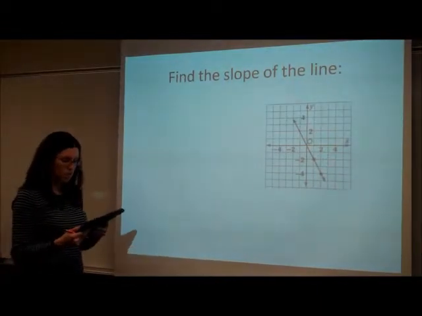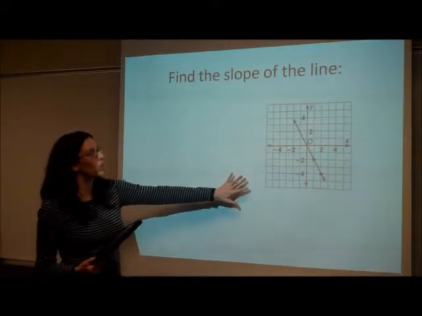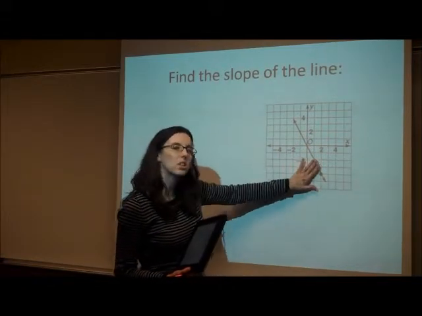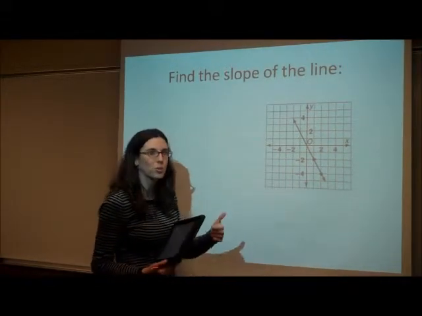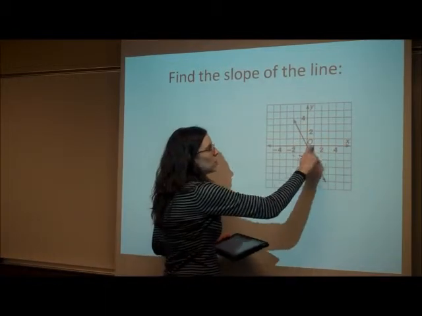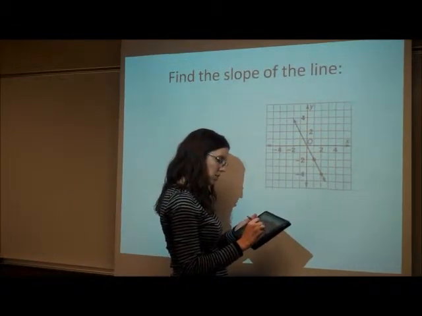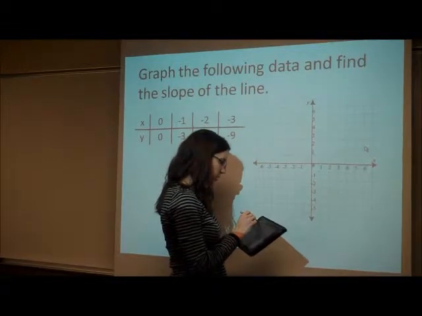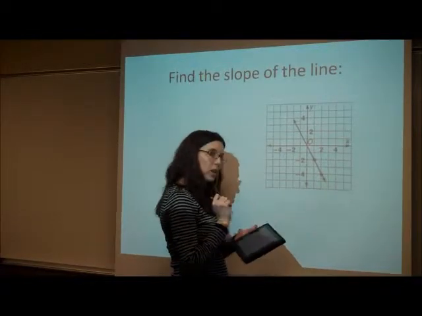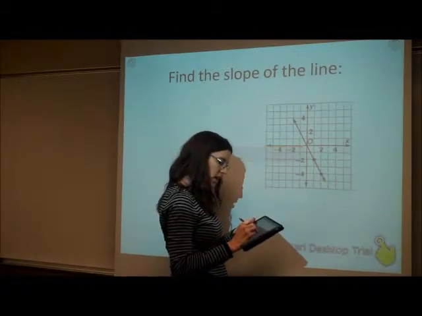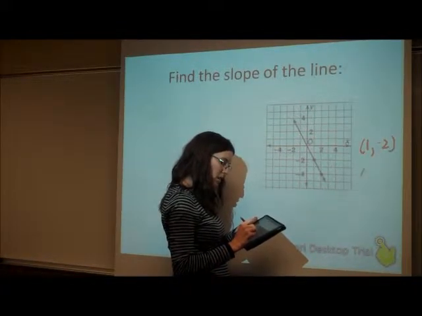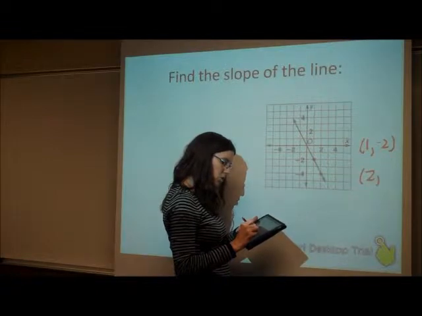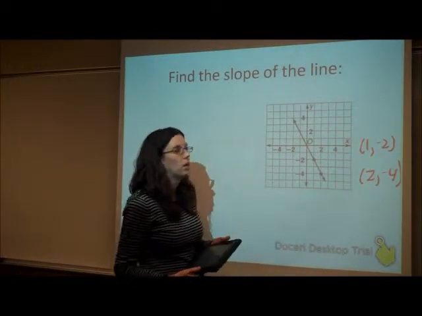So now, let's get another problem. So here's a graph. If you can't see this, I'll give you the points in just a second. I want you to find the slope of this line on your own, and then press play and we'll check. So this point is, our first one is, oh, whoops, sorry. Forgot the pen. So we have 1, -2, and then this lower point is 2, -4. Okay?